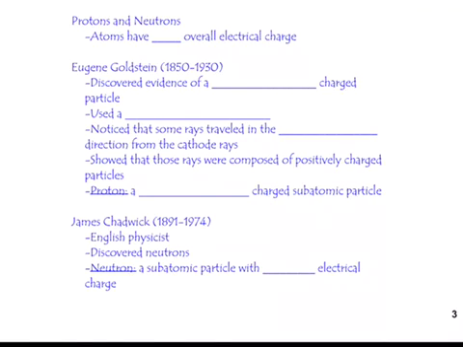So scientists knew that atoms have no overall charge. And Eugene Goldstein discovered evidence of a positively charged particle. He again used a cathode ray like J.J. Thomson.